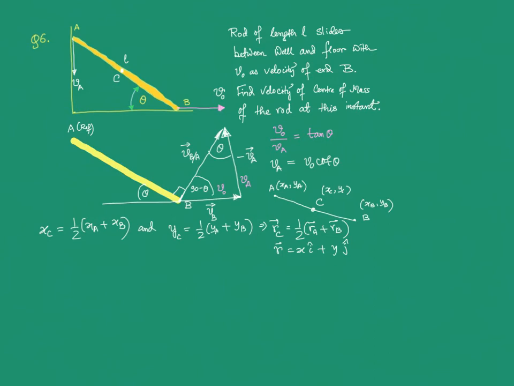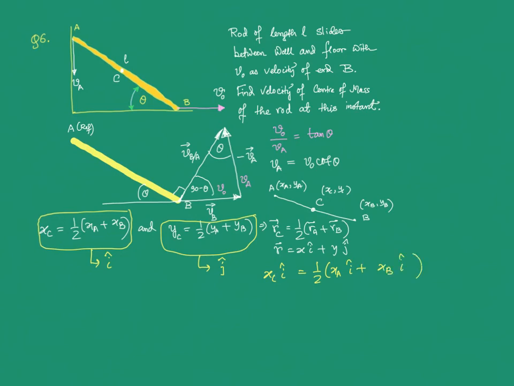As this is true and this is true, multiply this one by i cap, and multiply this whole thing by j cap. You get xc i cap is equal to half of xa i cap plus xb i cap.